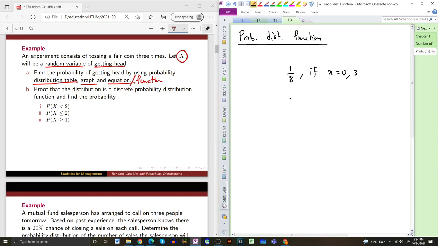The probability is 3 over 8 if x equals 1 or 2, and it is 0 otherwise. You just complete this. If you have any other value of x other than 0, 1, 2, 3, the probability is 0, and this would be the function.